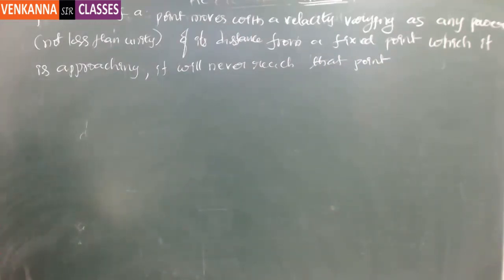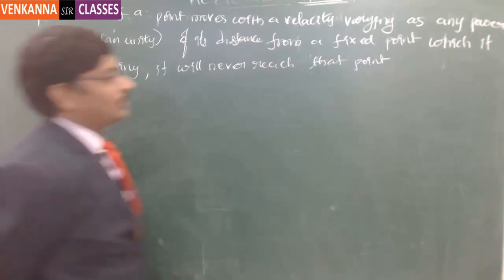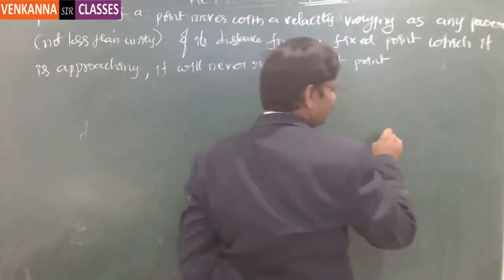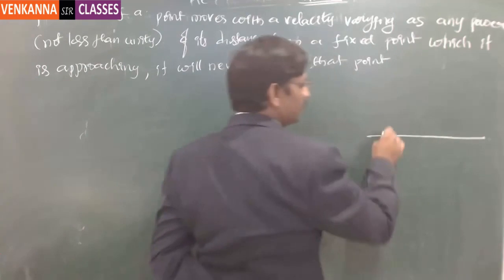Prove that if a point moves with a velocity varying as any power not less than unity of its distance, that means velocity is varying as the nth power of its distance from a fixed point which it is approaching, it will never reach that point. Suppose this is a fixed point on this particular straight line.